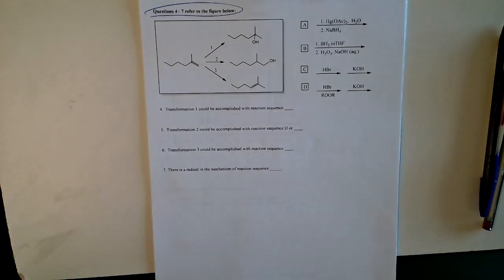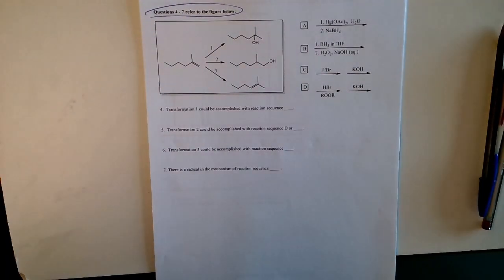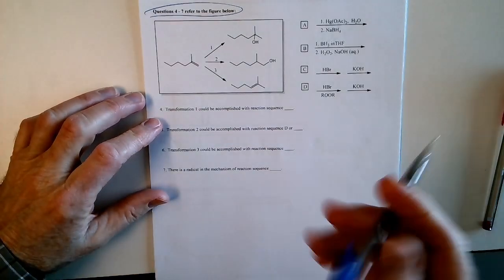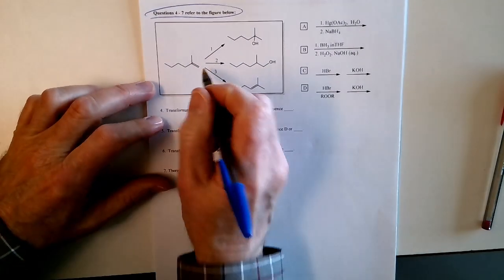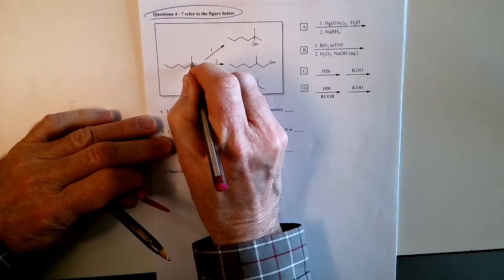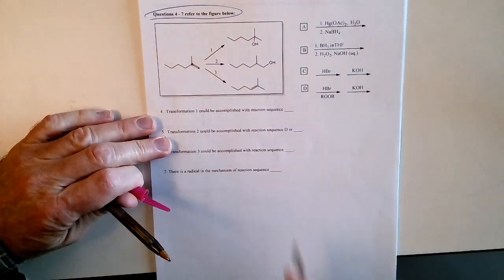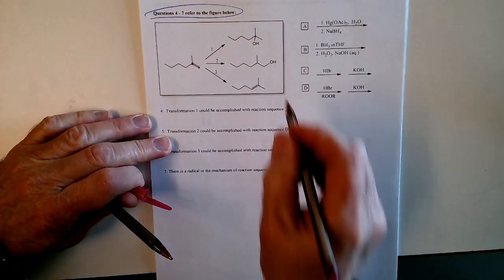All right, so there are 3 different pathways that somebody's hoping to achieve. And it looks like the first 2 are just adding water. How about if we start out by tagging carbons? In the original alkene, it's those 2 right there.